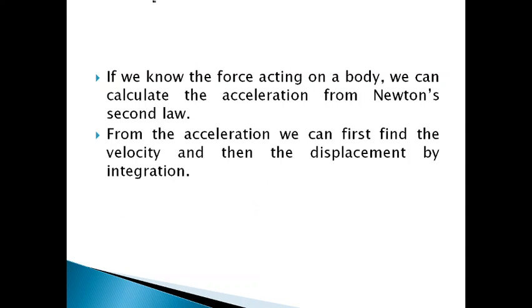And according to Newton's theories, if we know the force acting on a body, we can calculate the acceleration from Newton's second law. What is Newton's second law? F is equal to dp by dt, or F equal to ma. So if you have the force acting on a system, then you can predict the acceleration, and from the acceleration we can find the velocity and displacement by integration.